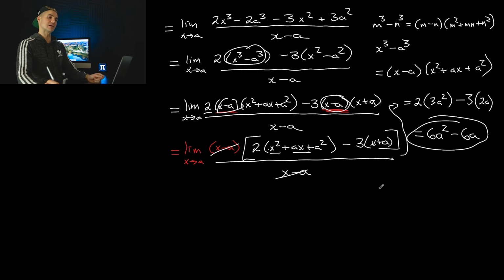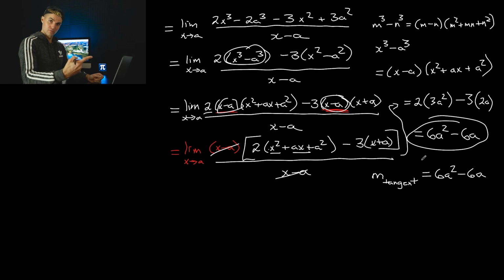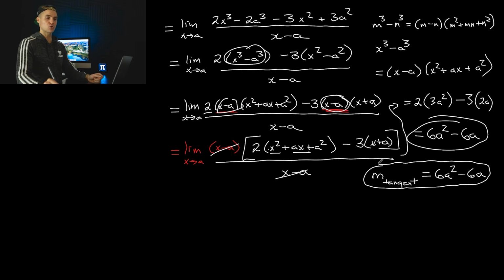And that ends up being the answer for part A. That ends up being the general expression, also called the derivative, for our function f of x, right? So at any x value of a, this gives us the slope of the tangent on that function.